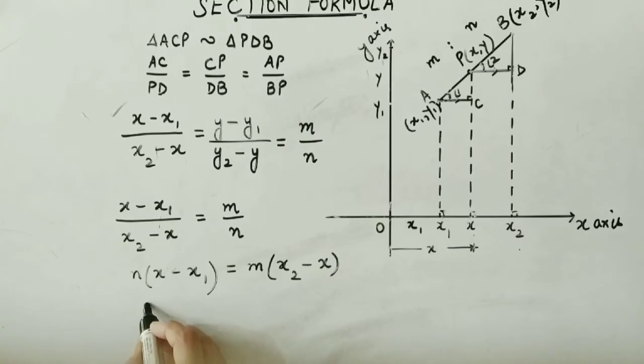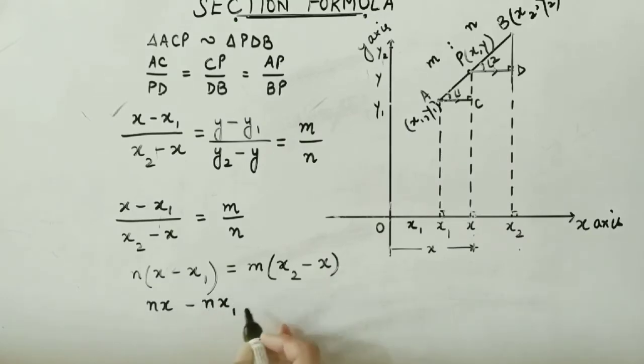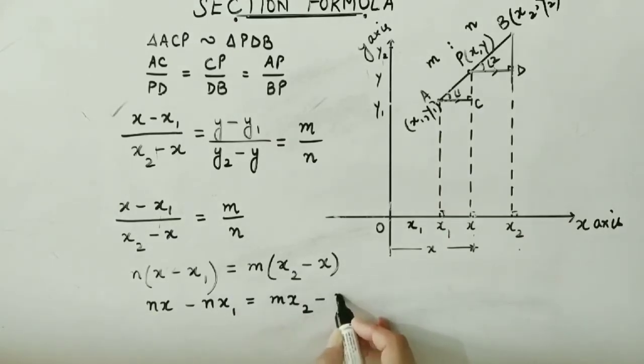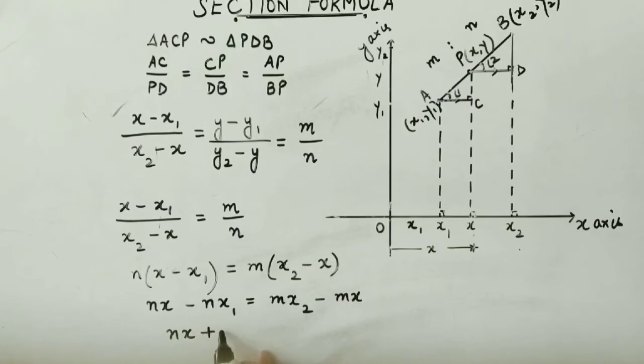This becomes nx minus nx1 equals mx2 minus mx. Now bring the terms containing x on one end. It would be nx plus mx equals mx2 plus nx1, since minus nx1 goes to the other end and becomes plus. In the next step, you would be taking x common.